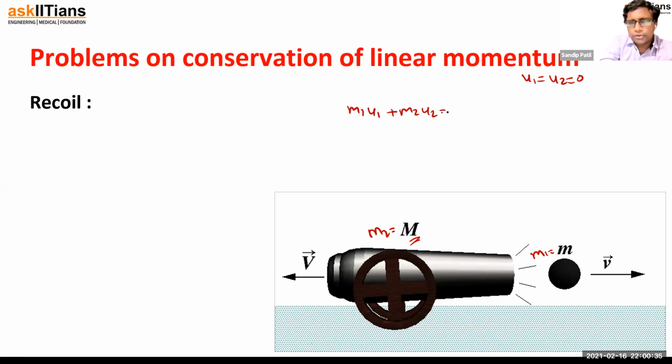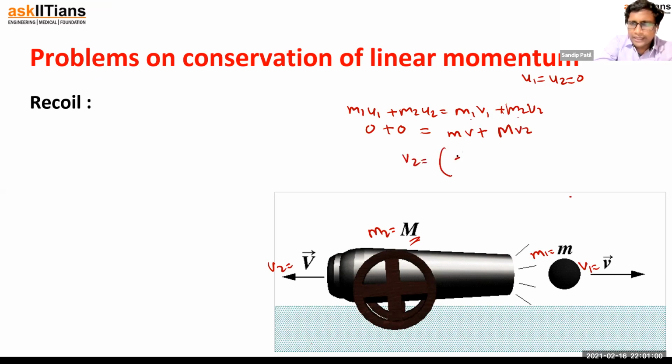Here, v1 is small v, and V2 is capital V. U1 and U2 are both 0, so 0 plus 0 is equal to m1, small m, times v1, small v, plus M2, capital M, times V2. So V2 you can write as minus M upon capital M into V.